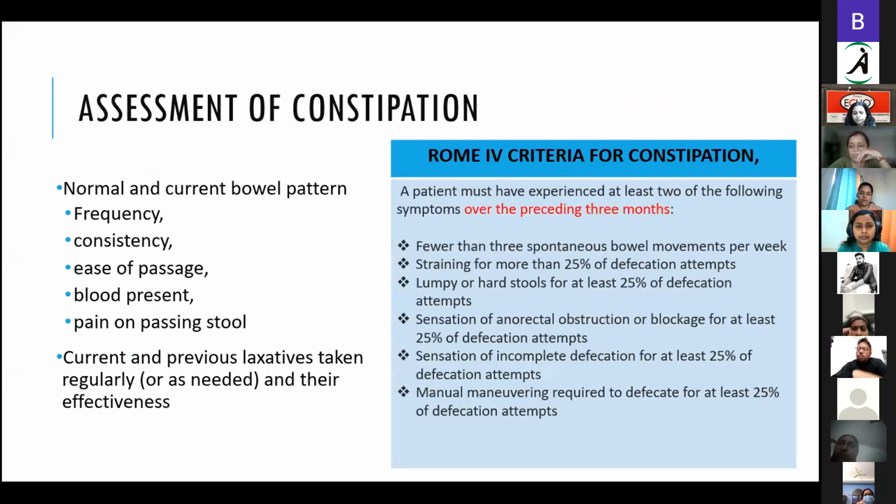I talked about the Rome IV criteria in the earlier slide. It's one of the most objective ways of assessing whether the patient has constipation or if there are any other issues. The rule of thumb here is 25%.